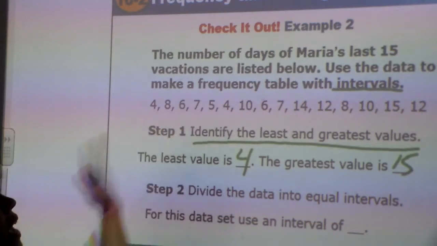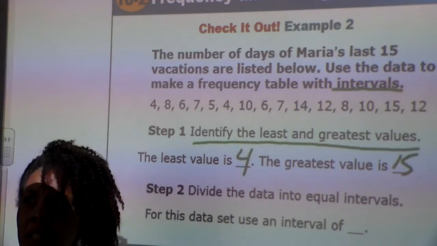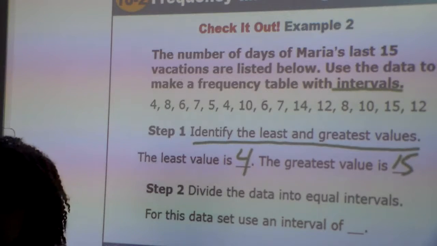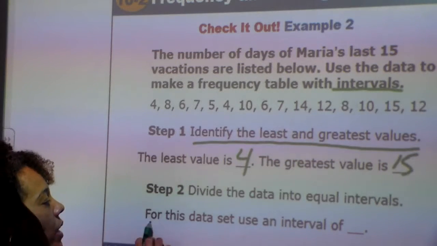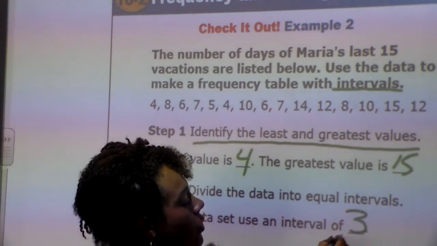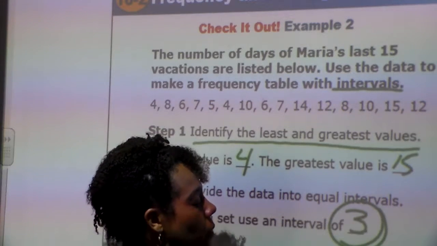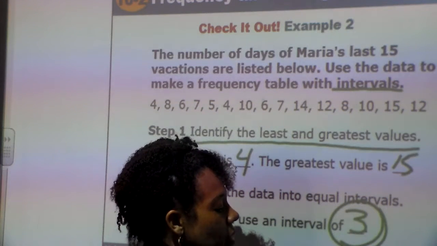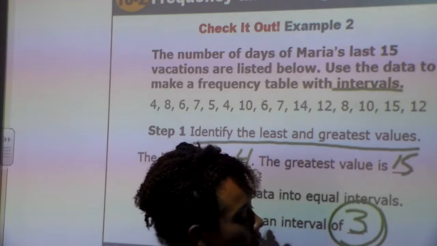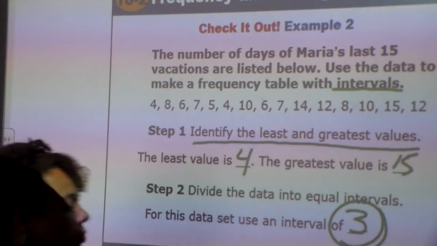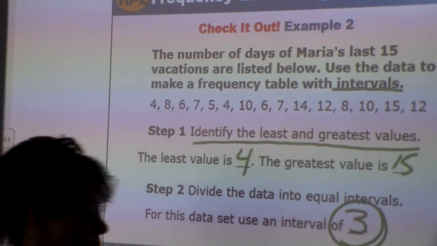Looking at my numbers, I don't really want to list 4, 5, 6, 7, 8. So I'm going to give you the intervals today. For this data set, we're going to use an interval of 3. So it'd be like 4, 5, and 6. The way you would write that is 4 through 6 would be an interval, as we'll see on the next page.